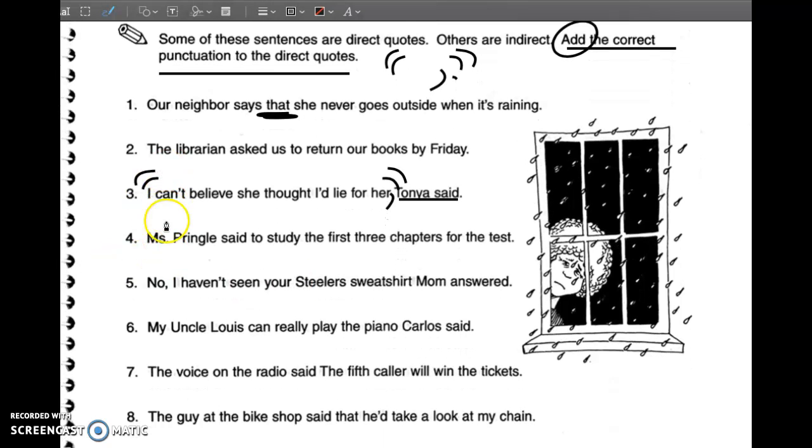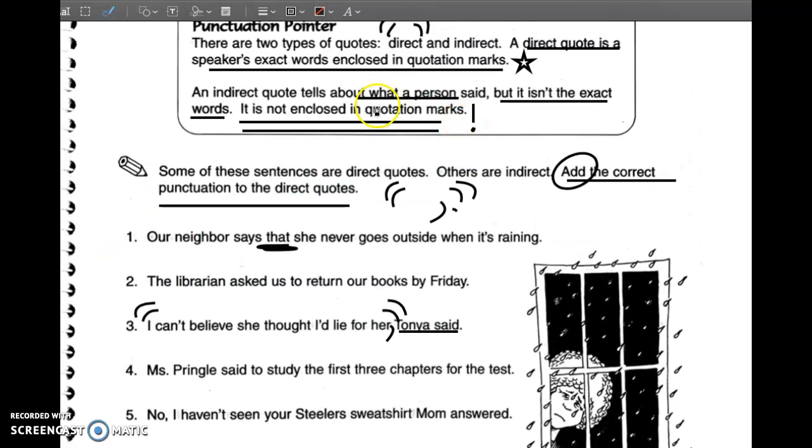Now remember, if it's an indirect quote, words that you might be looking for are the words to or the words that.